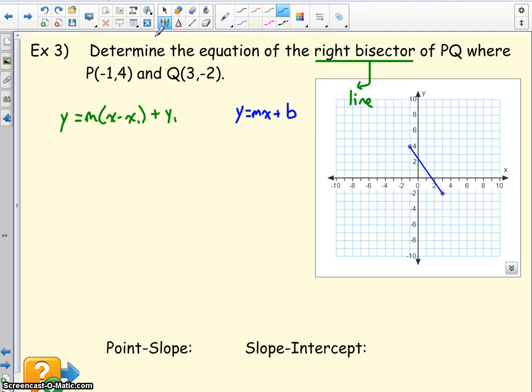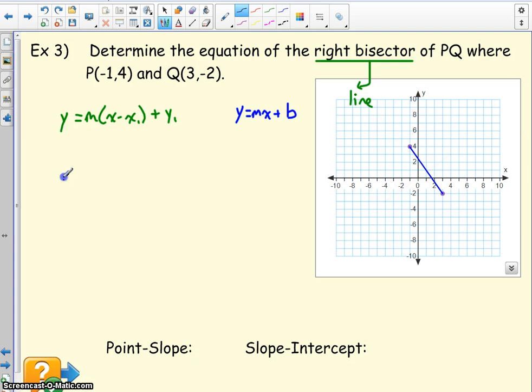So again, let's go about doing this one. If it's going to be a right bisector, we know two things. We know it's going to be perpendicular to this line segment that's given. We know it's going to pass through the midpoint. So let's first try and find the midpoint of this line segment, because that's going to be a point that we know that the right bisector is going to pass through.